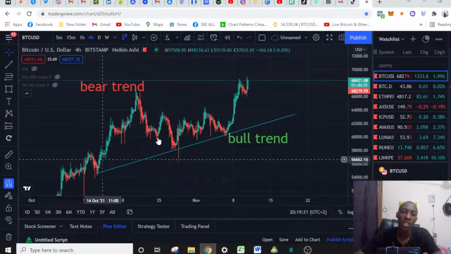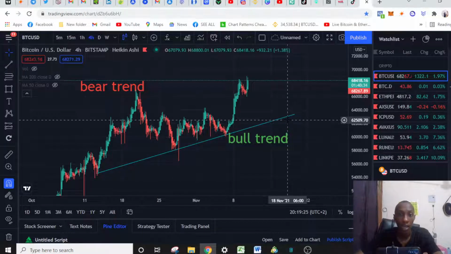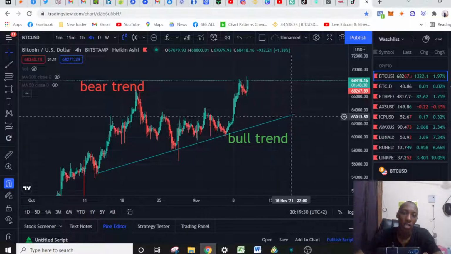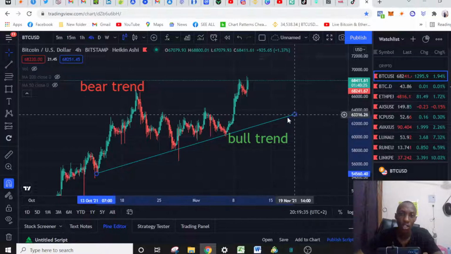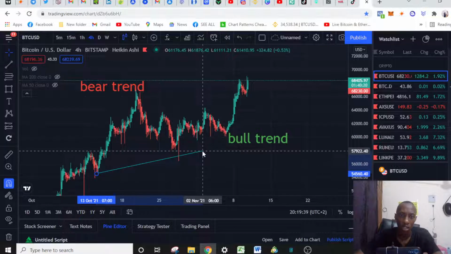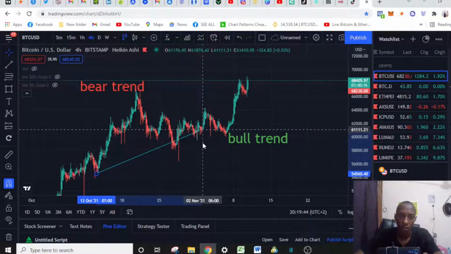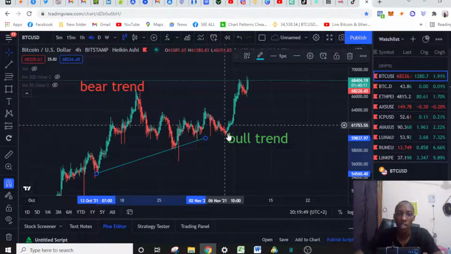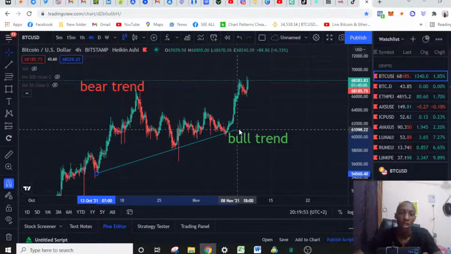What does this tell you? This tells you that this coin right here is pumping up, and the likelihood of price coming to touch the trend line is very, very high. So, for instance, if we would have drawn this trend line right here, without seeing how the price is going to do, you would have extended it.